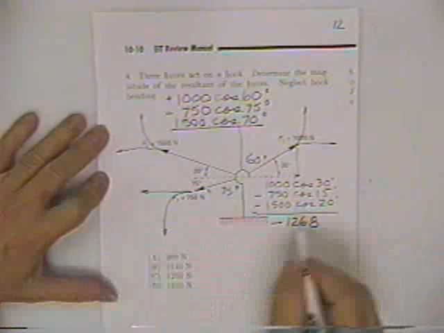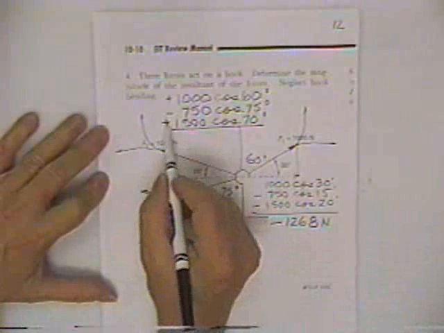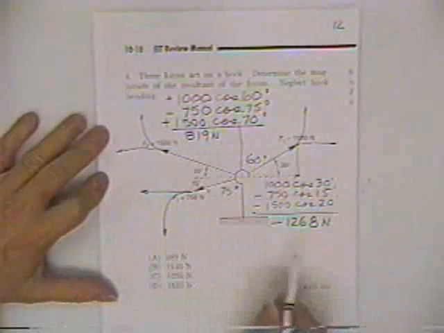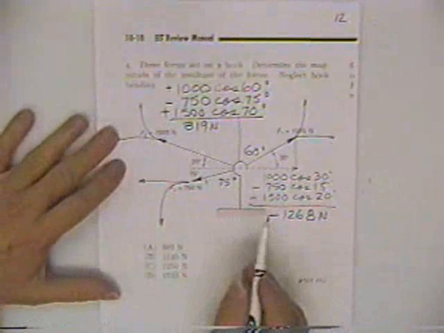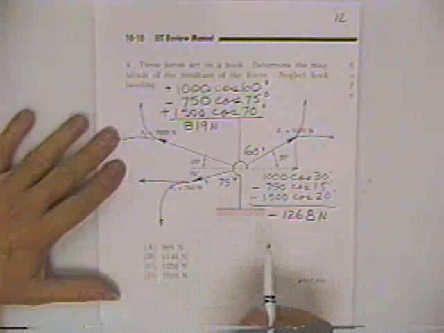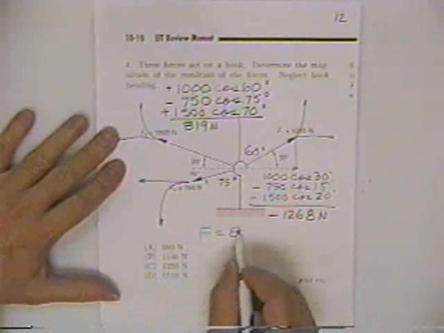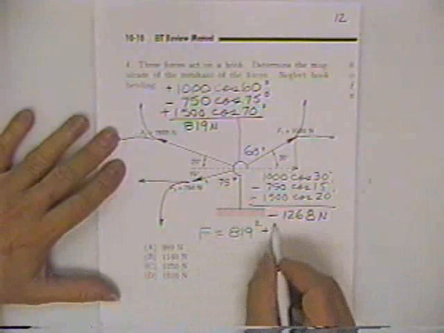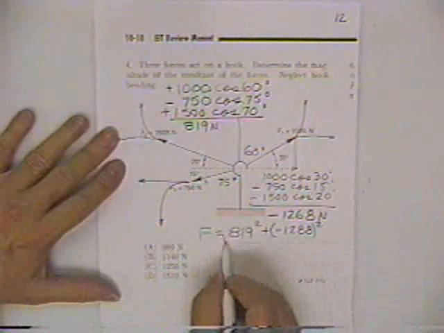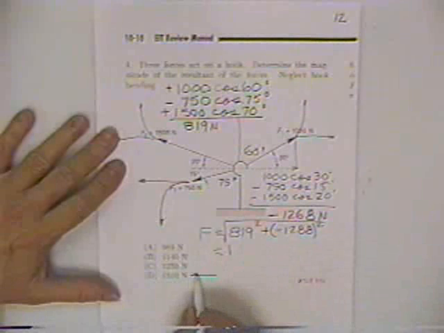All right, add those up: minus 1,268 newtons, and plus 819 newtons, and therefore we should be able to find the one force that would resolve all these forces into a single force, and that number would be the square root of 819 squared plus minus 1,268 squared. The sign's not going to matter because it's going to square. Take the square root and you get 1509, and therefore there's your answer.